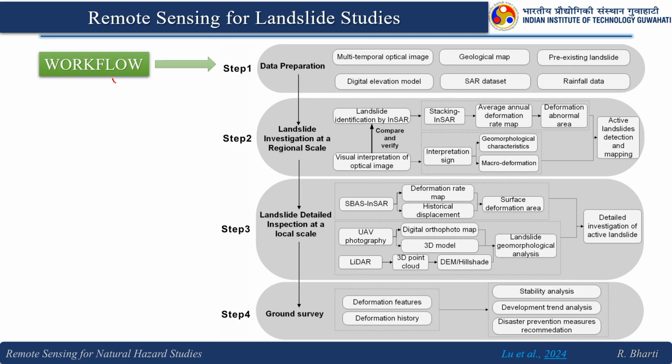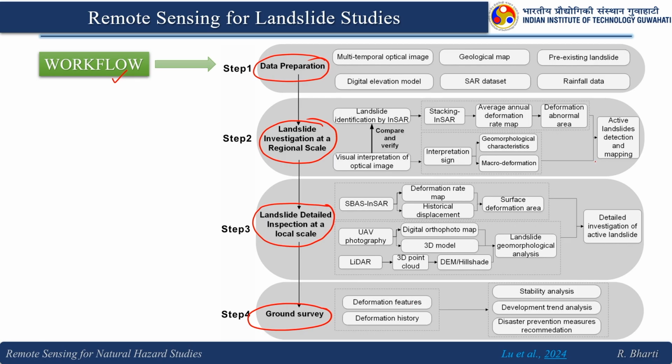This is the workflow that they followed. First was data preparation, then landslide investigation at a regional scale, then detailed landslide inspection at the local scale, and then a ground survey, because you need to validate the information you are deriving from the remotely sensed images for the landslide.